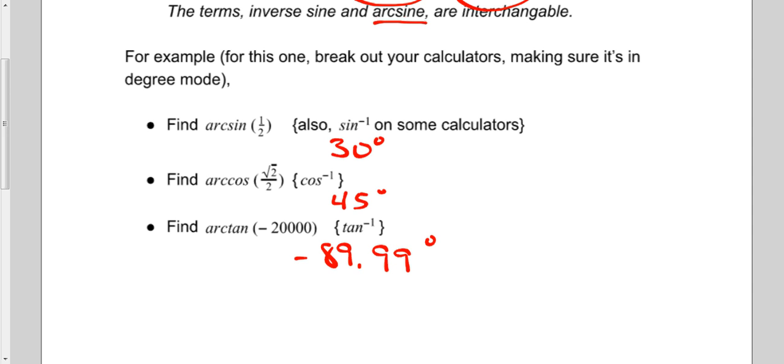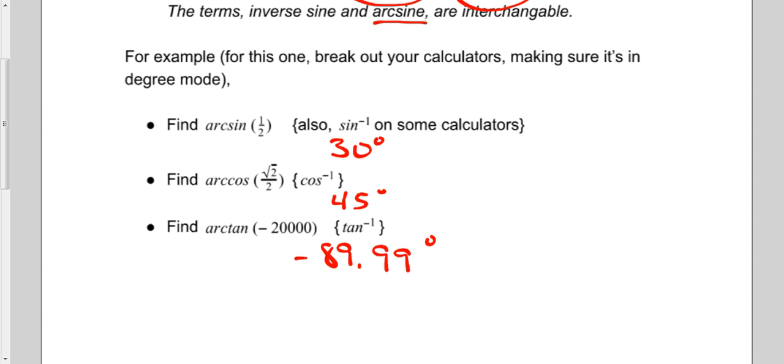Why was I able to do an inverse tangent of -20,000? Because it's a weird line. Here's what I'd like to hear. What is the range of sine and cosine? The definition of range, again, is the list of the y's or the outputs. The range of sine and cosine is -1 to 1, right?